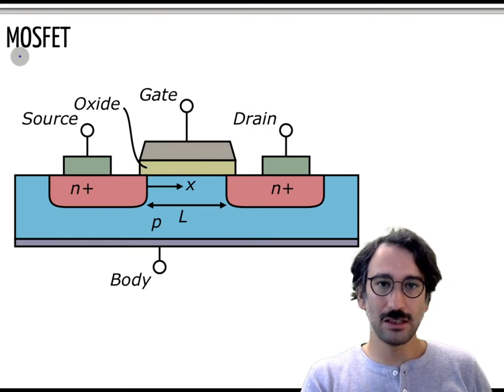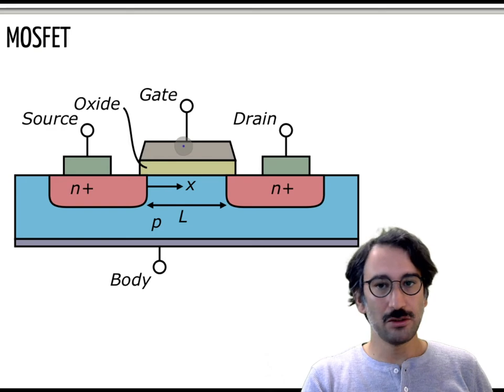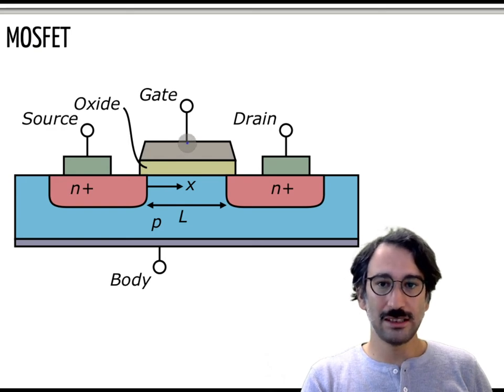That is where the metal oxide term comes from. Different to BJTs, it is not controlled directly with the gate current, but you just apply a field, a voltage to here, and the electric field in that one actually controls your transistor.